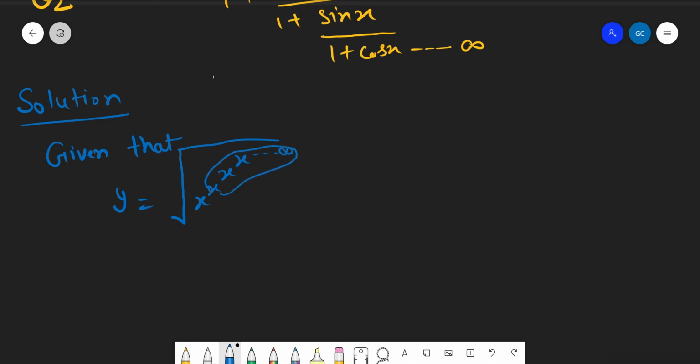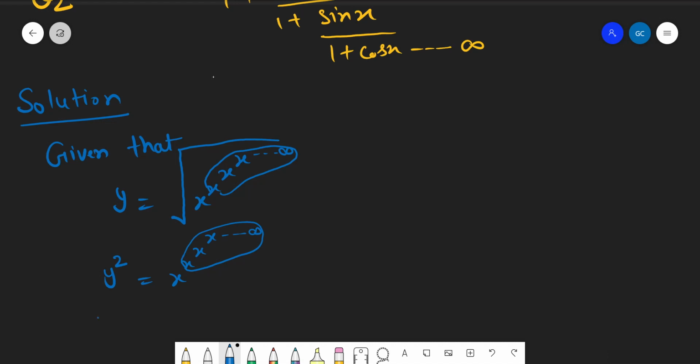Before that, let's square both sides. So y square is equal to x to the power x to the power x, to infinity. Now we will substitute this part; as you can see, it becomes y square.